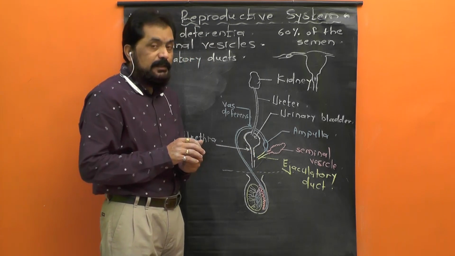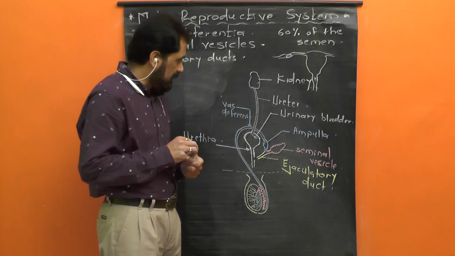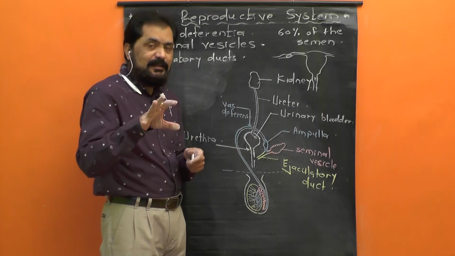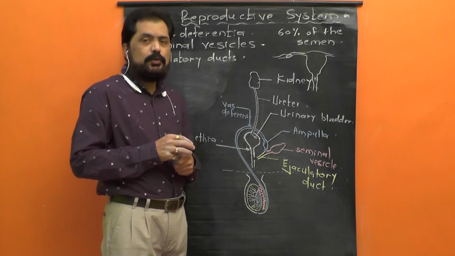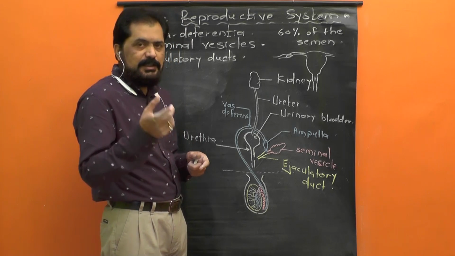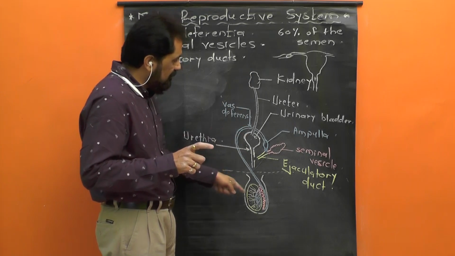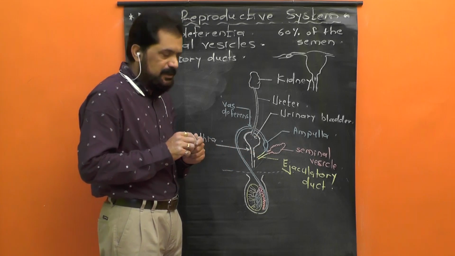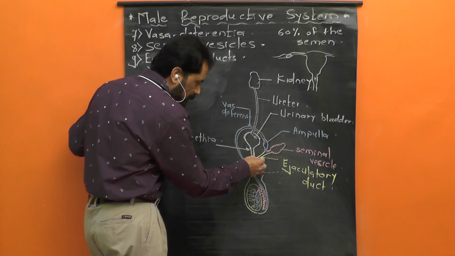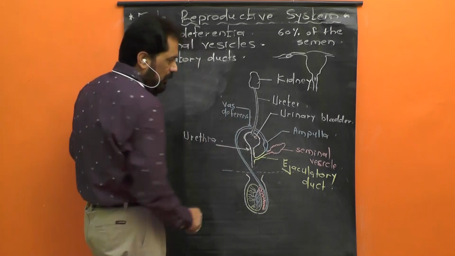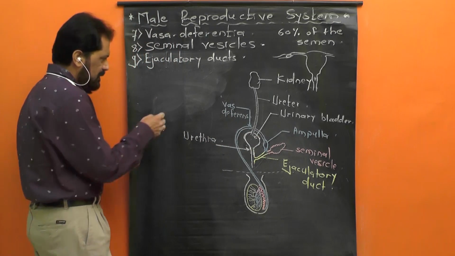Urethra, the part of the excretory system. But in 11th you people have studied that urethra in male is considered as urinogenital duct, because it is the common passage, the common part of the excretory system as well as the reproductive system. So here the ejaculatory ducts join with the urethra from both sides.